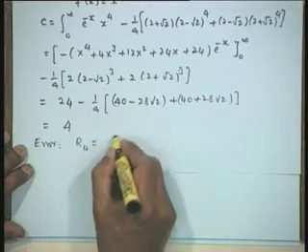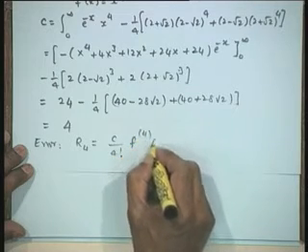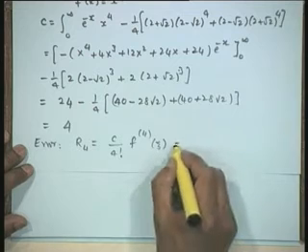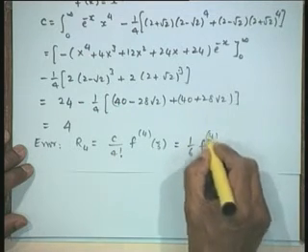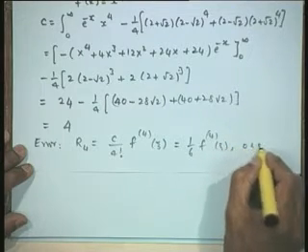Therefore, I have the error term given as R 4 is C by factorial 4 F 4 of xi, that is 4 4 cancels. So I will have 1 upon 6 F 4 of xi, xi lying between 0 and infinity.